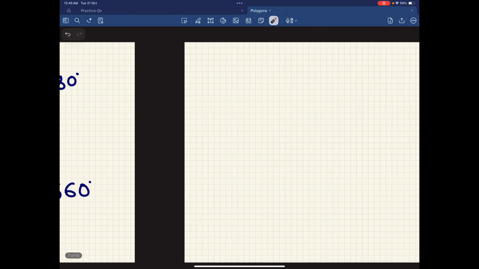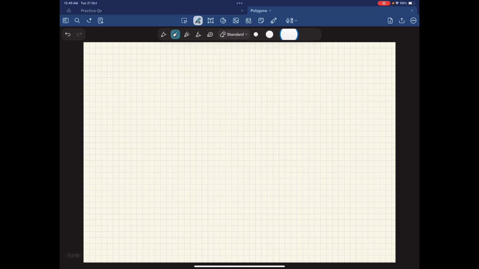Now, these were simpler shapes. What about other shapes? For example, if the question asks you to find the sum of the interior angles of a shape with 32 sides, luckily we have a formula that we can utilize.